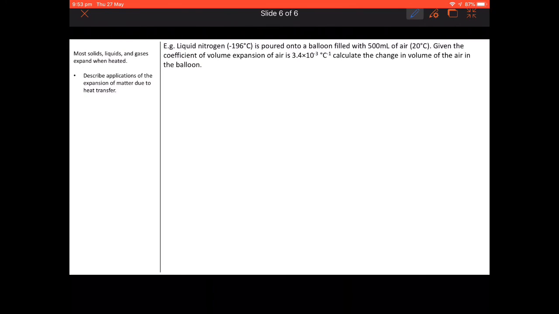As an example, you've got liquid nitrogen, which is negative 196 degrees Celsius, and it's poured onto a balloon that's filled with 500 ml of air, and the air is at 20 degrees. Given the coefficient of volume expansion of air is 3.4 by 10 to the negative 3 per Celsius, calculate the change in volume of the air in the balloon. Similar to the linear expansion, you just write your rule. Make sure you're using the coefficient of volume expansion and then change in temperature.